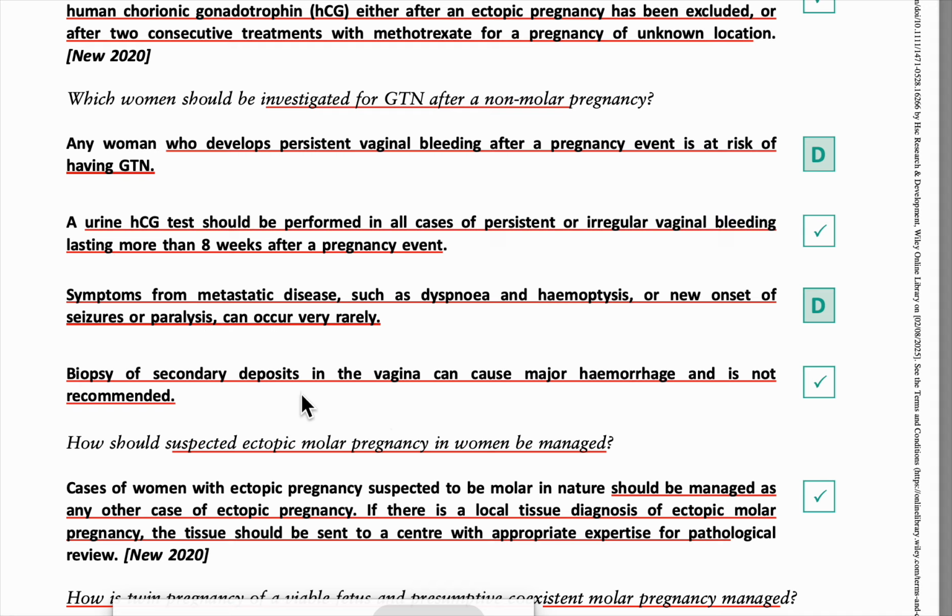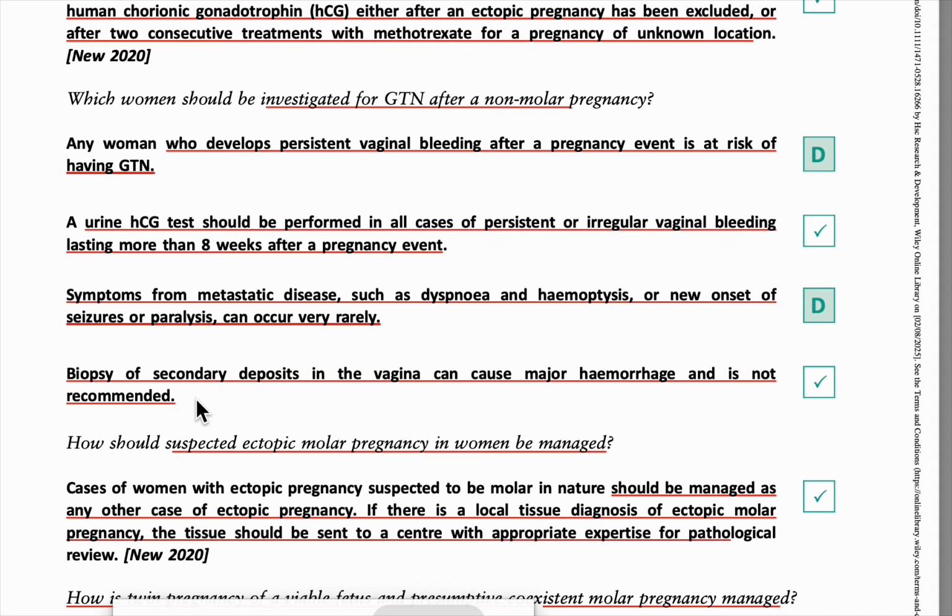The thing is that she is not a candidate for biopsy, because if we do a biopsy of the vaginal area, she will start to have a major hemorrhage, which is unacceptable. You cannot control that major hemorrhage. But the gestational trophoblastic centers have a multidisciplinary group of people.